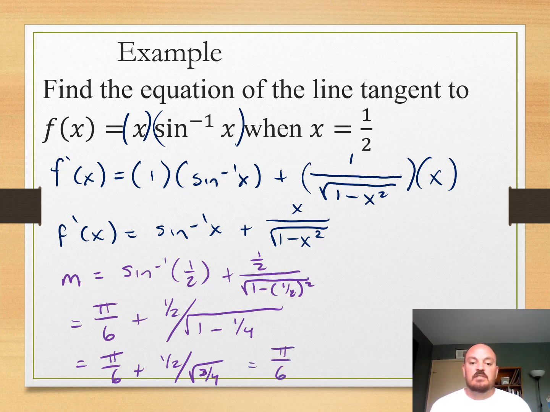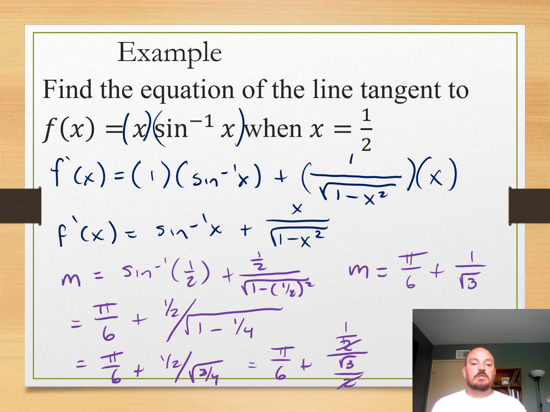So we have pi over 6 plus, now what we have is 1/2 over, and it's going to end up being radical 3 over 2. And then those 2's cancel. So what we get for our slope is pi over 6 plus 1 over radical 3.